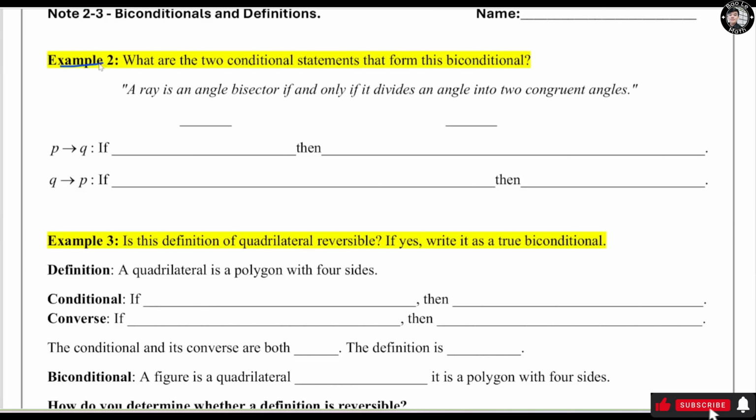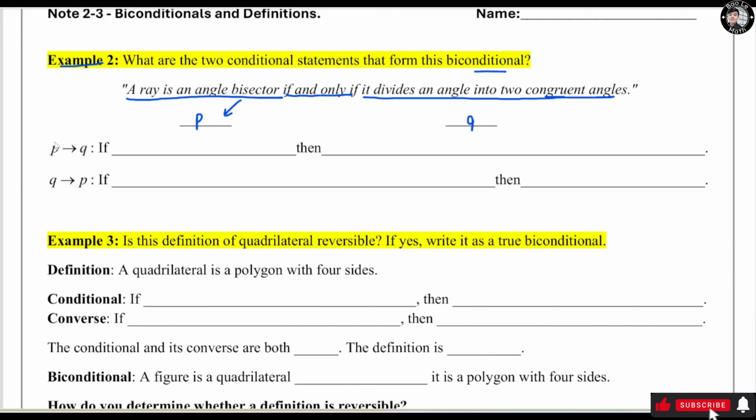Now, example number 2. What are the two conditional statements that form this biconditional? A ray is an angle bisector if and only if it divides an angle into two congruent angles, right? The statement P is: a ray is an angle bisector. The statement Q is: it divides an angle into two congruent angles.